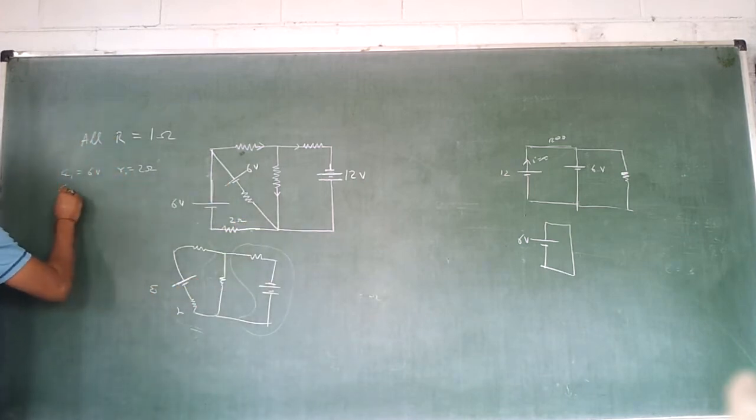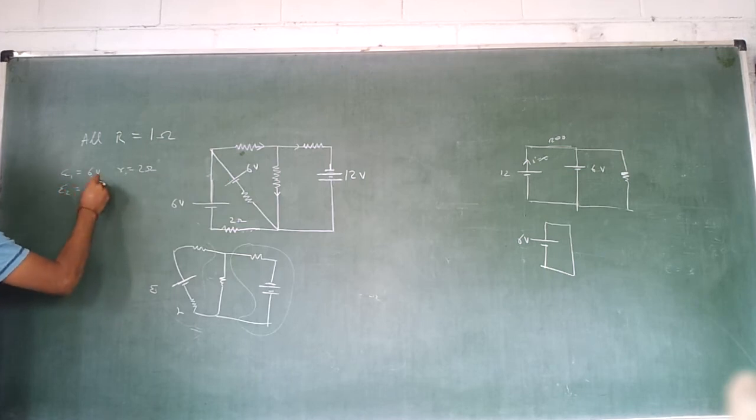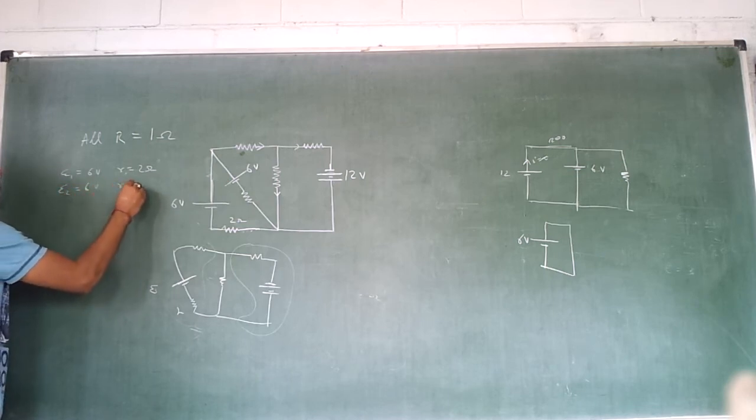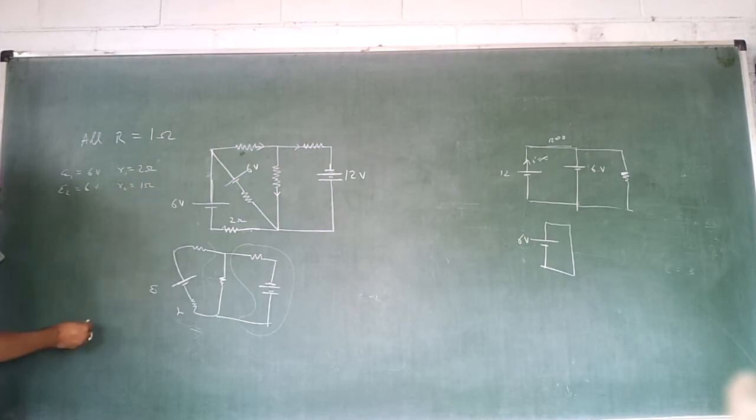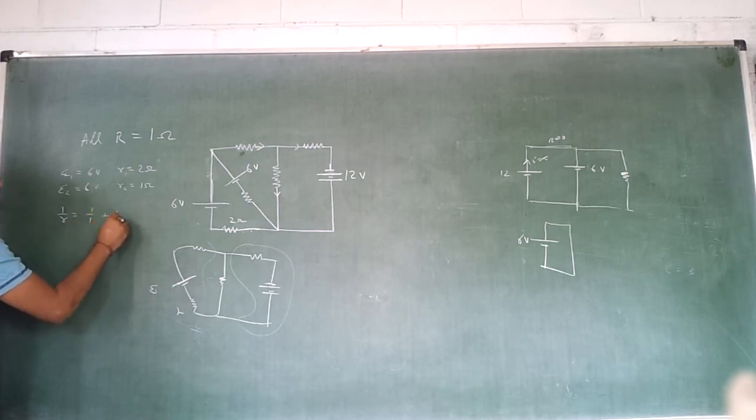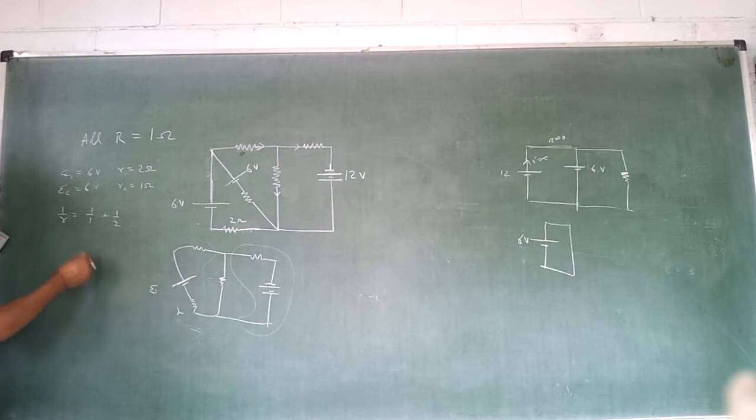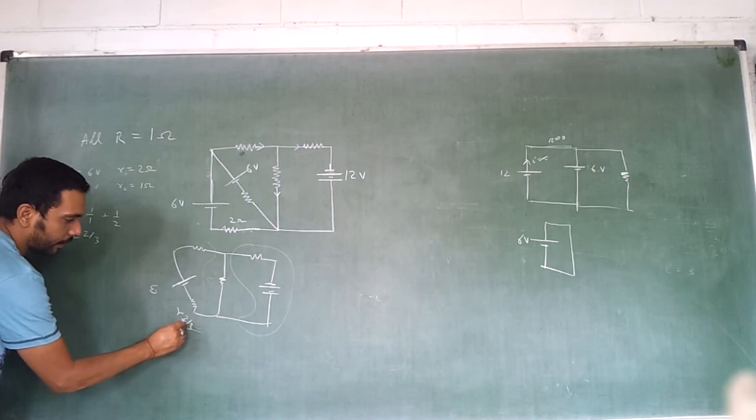E2 again plus 6 because their polarities are the same, and R2 has 1 ohm. Hence, you will have your combined resistance R. This R is equal to 1 by 1 plus 1 by 2. So it is how much? 2 by 3. So R is 2 by 3 ohms.